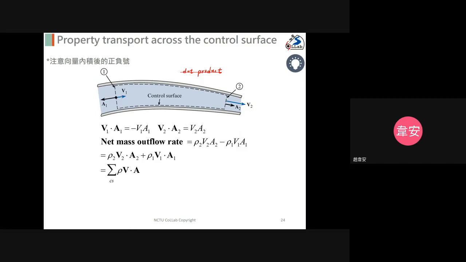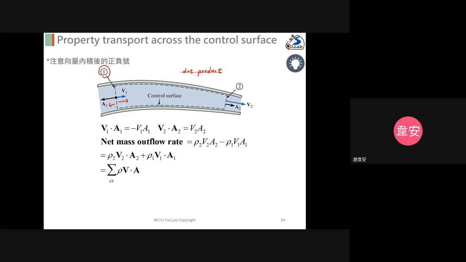This is also the velocity vector multiplied by the cross-section area vector. But you notice that for the inflow cross-section, the flow direction is to the right, but the normal vector of the cross-section area is to the left.